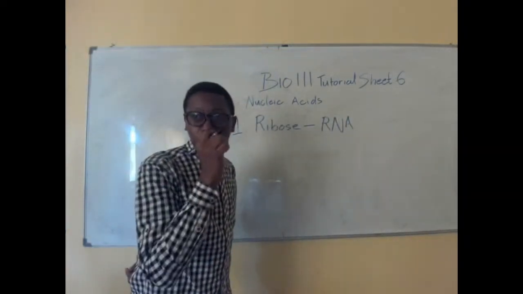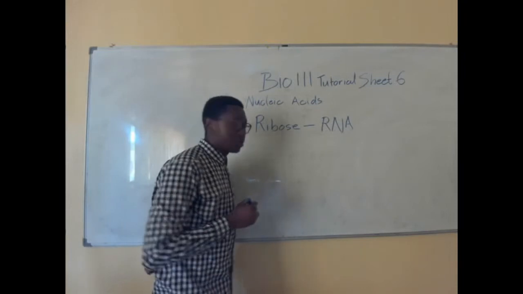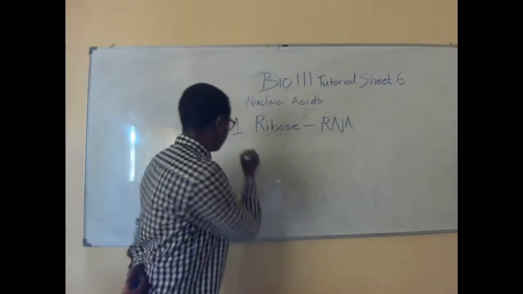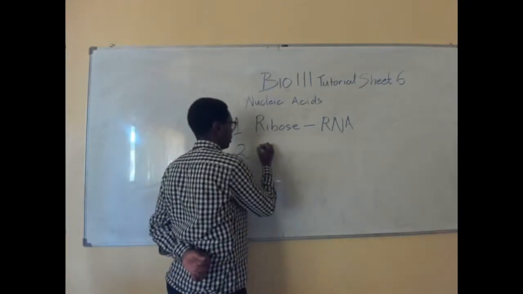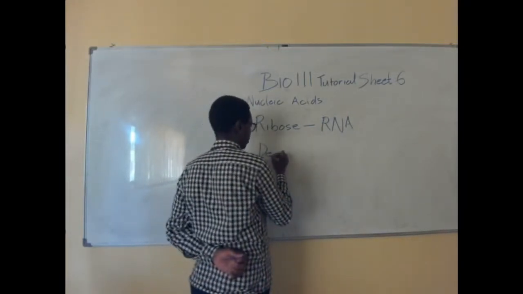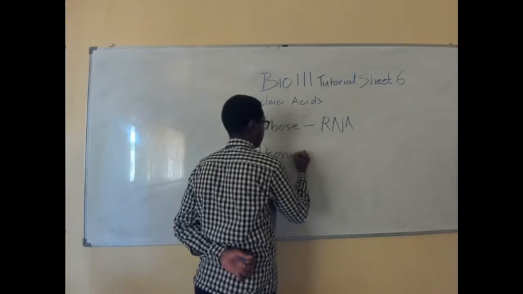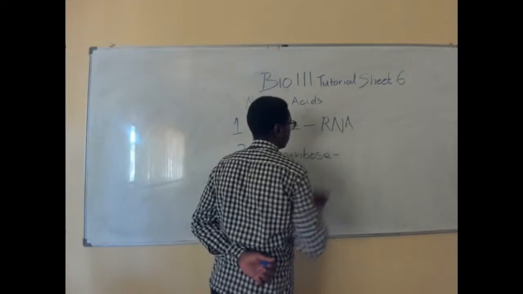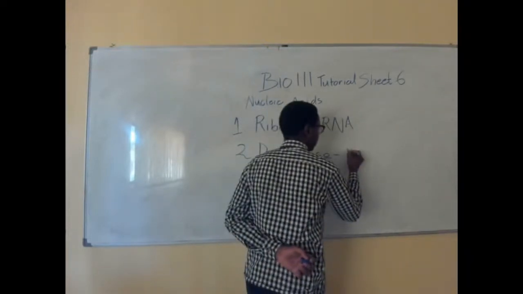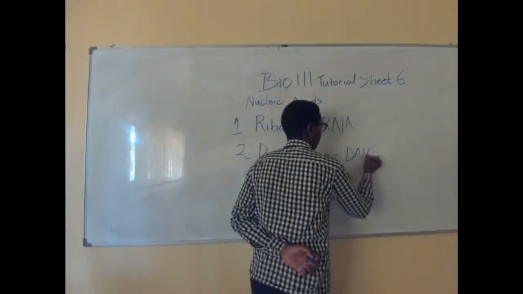And the second sugar you find in nucleic acids is deoxyribose, which is found in DNA.